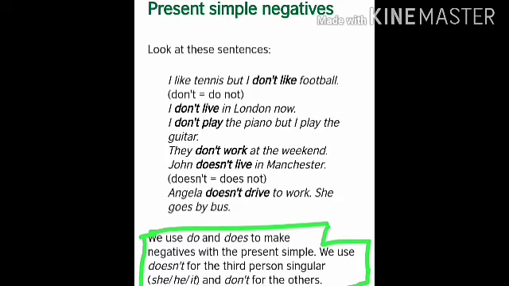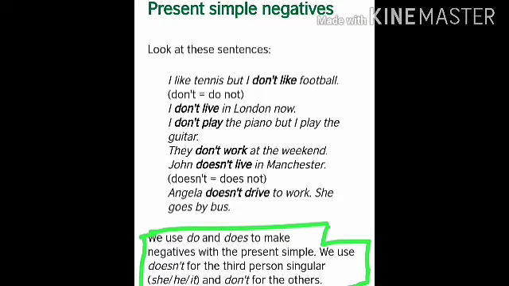Students, here you must have observed that we are using negative sentences with the help of don't. So we use helping verbs do and does in simple present tense to make negative and interrogative sentences. Do is used with plural subjects and does is used with third person singular.